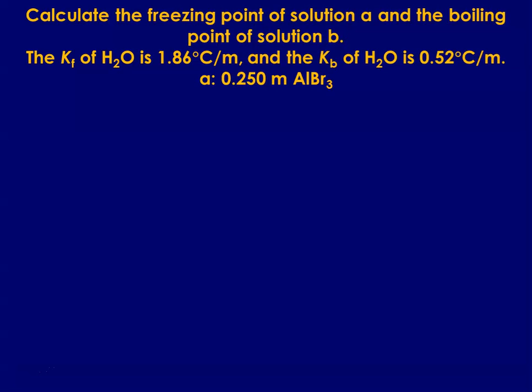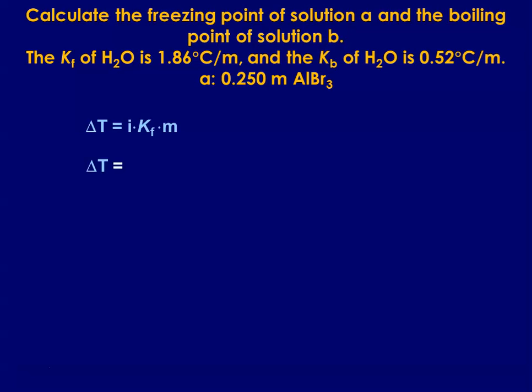Here I'm asking you to calculate the freezing point of solution A and the boiling point of solution B. The freezing point of solution A is given to us as being 0.250 molal AlBr3. So if we use our equation for freezing point, delta T equals i times Kf times m, we know that for AlBr3, there's aluminum and bromide, and there are 3 bromide ions present.